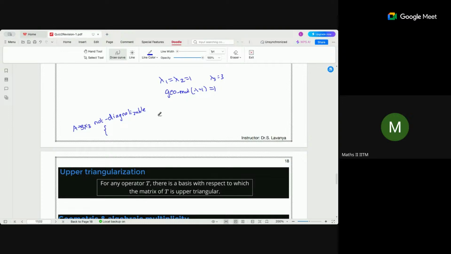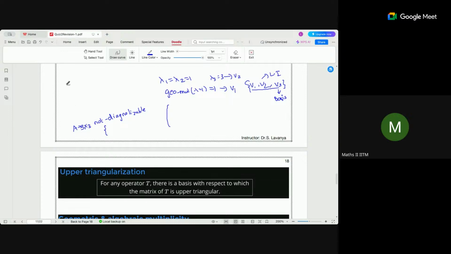Then you will have only one eigenvector corresponding to this, so that you will write first. Let's say that eigenvector is v1, and you will have an eigenvector v2 corresponding to the other eigenvalue. Now you have only two eigenvectors, v1 and v2, which are linearly independent. Now you find a third vector, v3, which is any vector that just makes this set a basis.